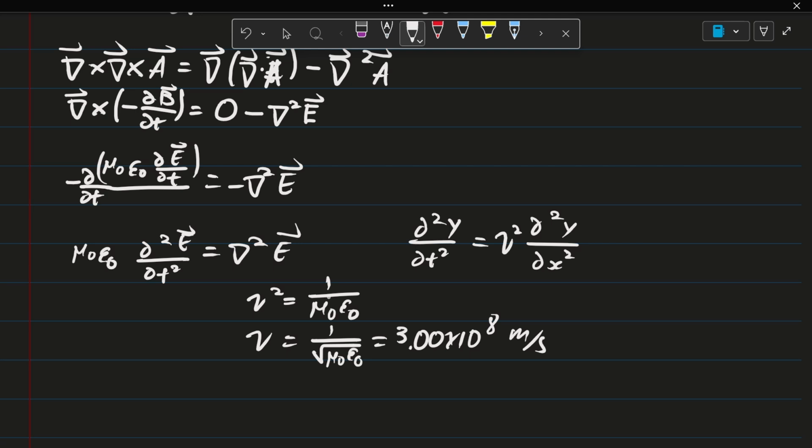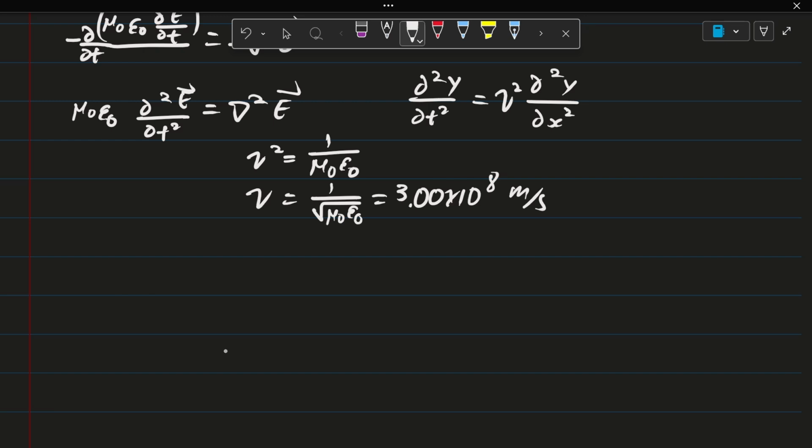So let's just try to solve one type of solution for this electromagnetic wave. Since we have determined that this is a wave, we could just guess that one of the functions would be the E vector equals E_P sine(kx minus omega t) in the j hat direction.